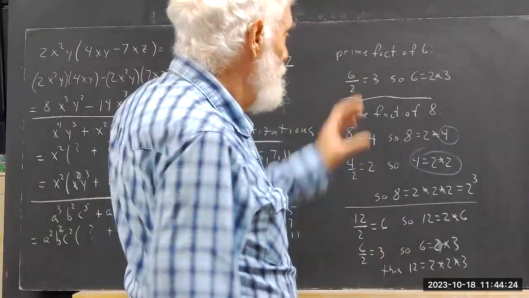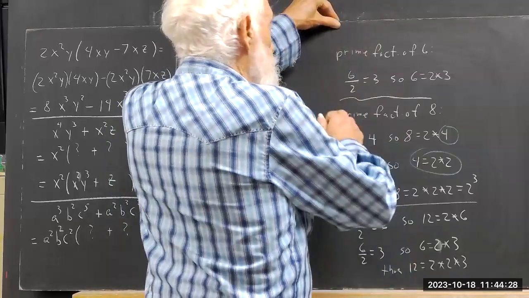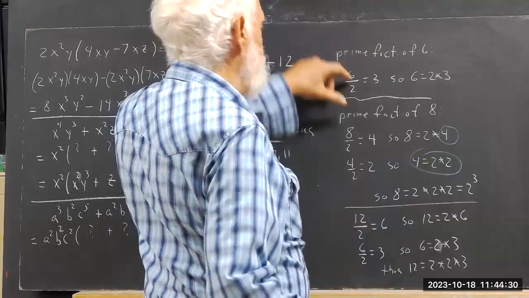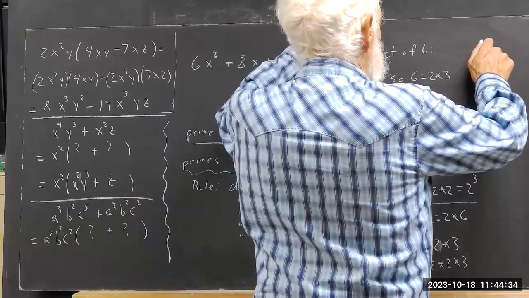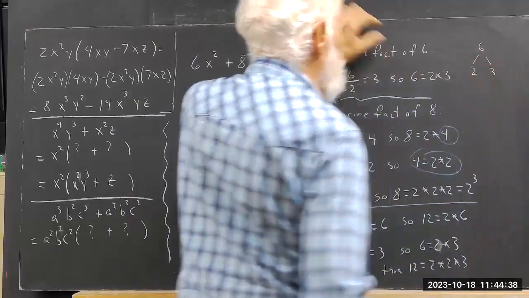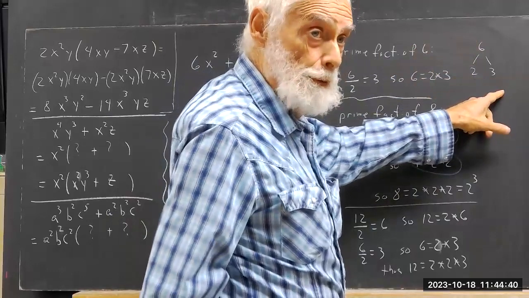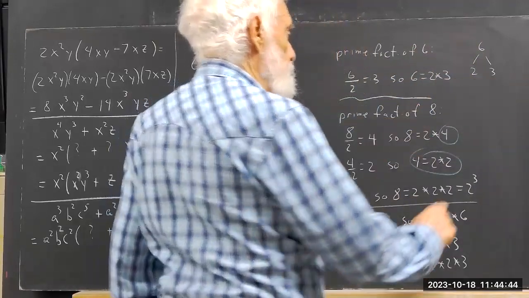Okay, now we can make a kind of a tree diagram. Another way of doing it. Let's do the prime factorization of 6. Well, 6 equals 2 times 3. Prime factorization of 8.